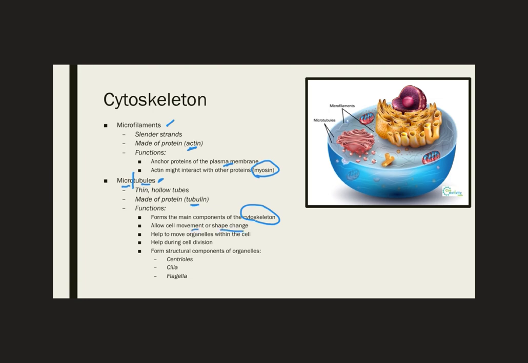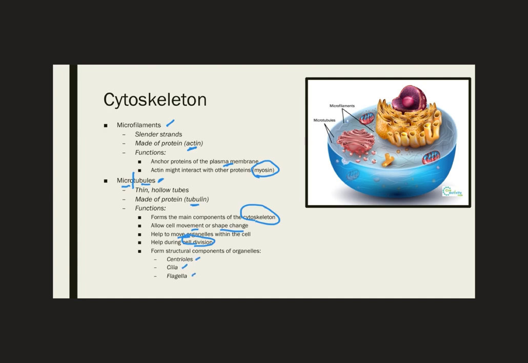And because they attach to organelles, they help these move around the cell. Next, they have an important role during cell division, which we will talk more about when we cover this topic. And lastly, microtubules form structural components of organelles such as centrioles, cilia, and flagella, which we will see on the next couple of slides.